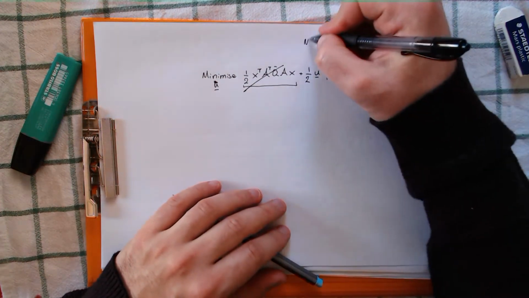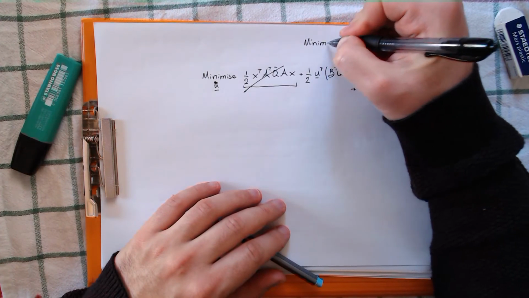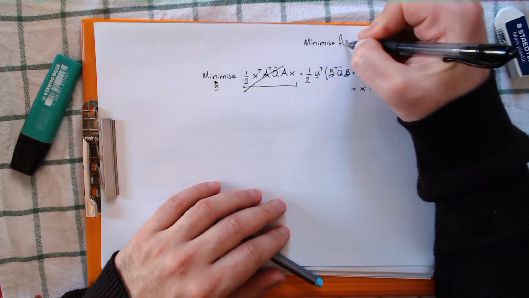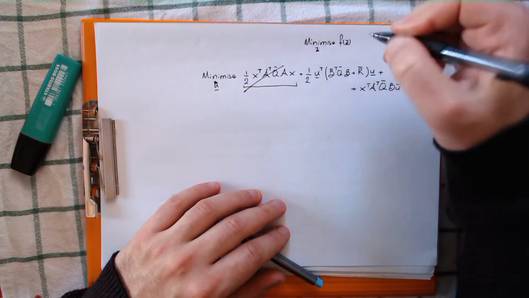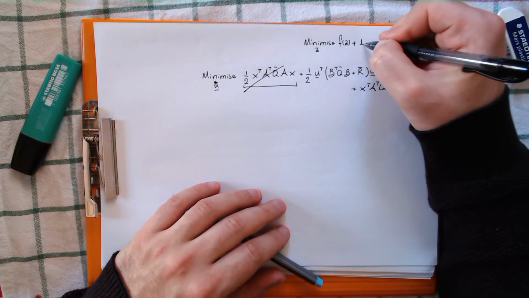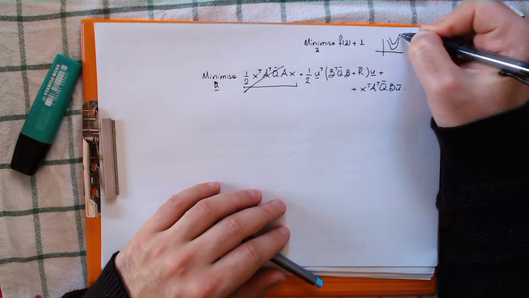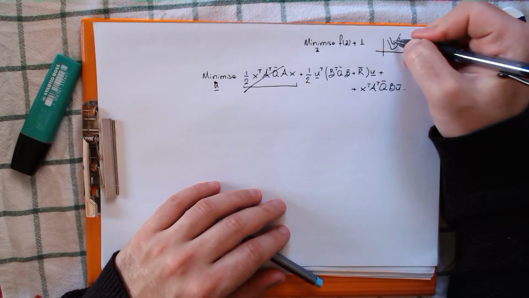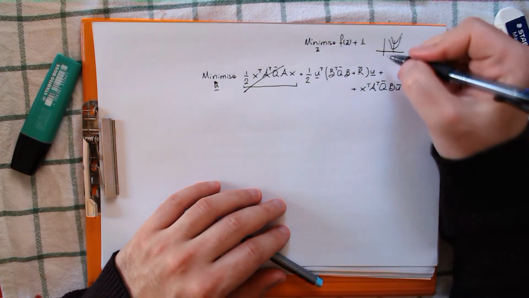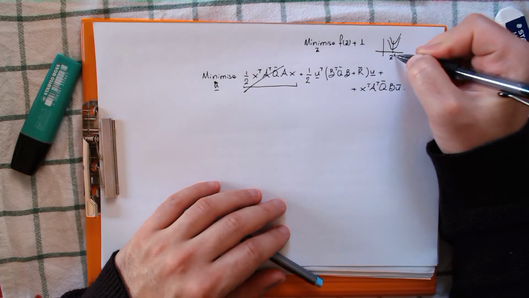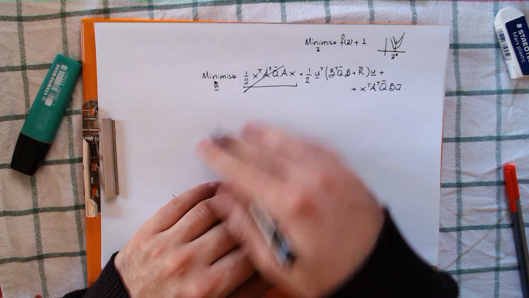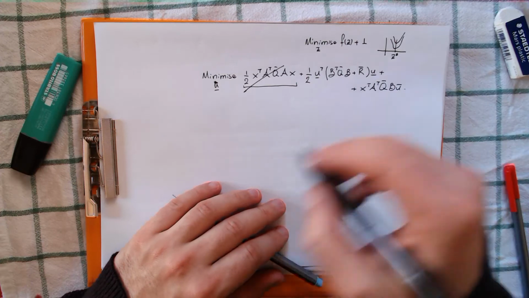It's like you have the problem minimize f of z and minimize f of z plus 1. Or it's like you have this function and you have this function, which is the same plus 1. The minimizer z star will be exactly the same. So we can get rid of that. And this is the function now.